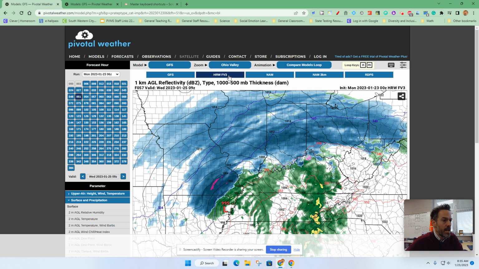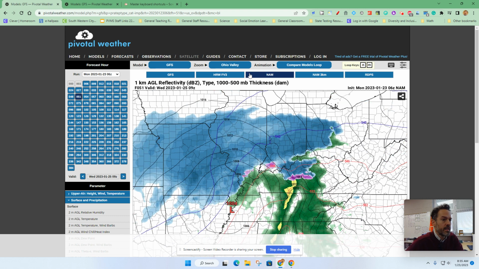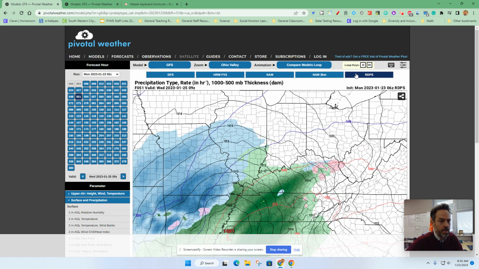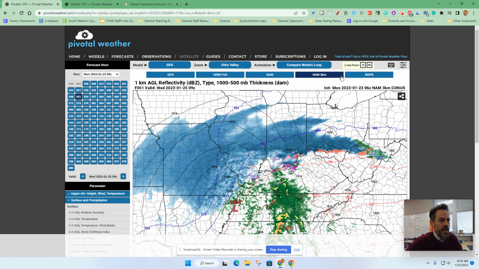Another model, let's actually look at the NAM. I'll save the NAM because that was an interesting solution. So RDPS, this Canadian model, it's not even really in range yet. The high-res NAM is still keeping the frozen precipitation, or the rain, well south of the Ohio River.